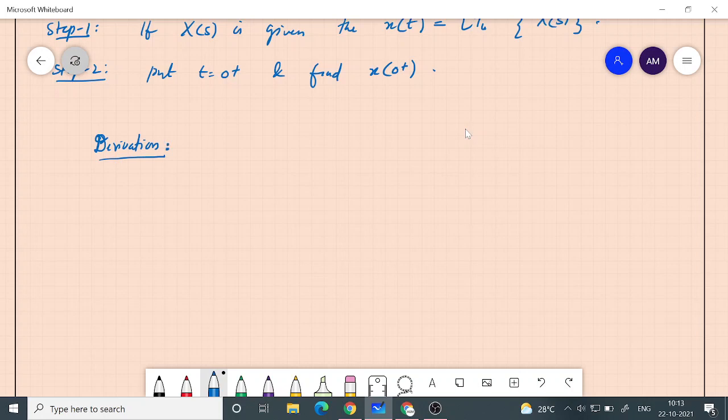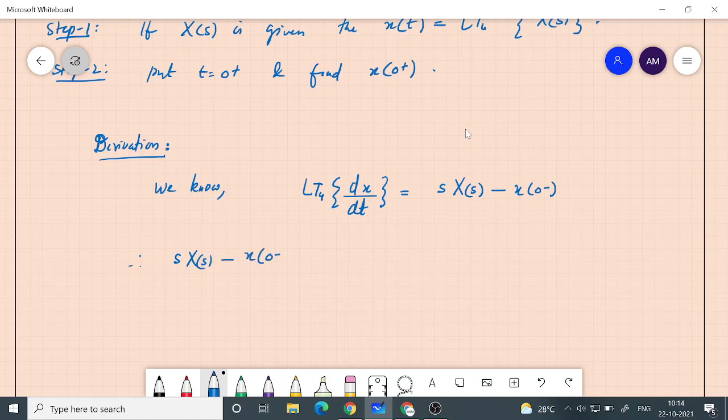So we know that the unilateral Laplace transform of dx by dt, what is it? This is s into x of s minus x of 0 minus. Okay. So therefore s into x of s minus x of 0 minus is equal to, what is it equal to?